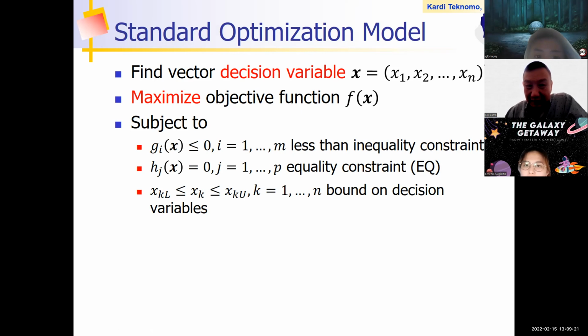If the constraint is larger than 0, then what should you do?